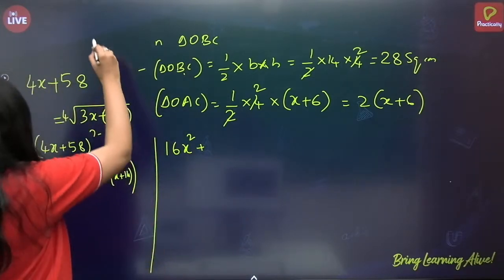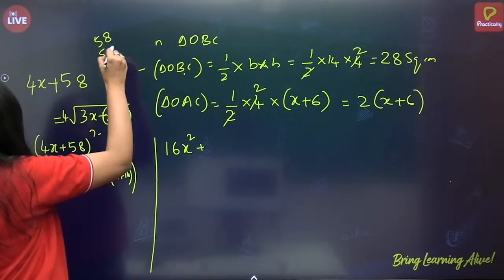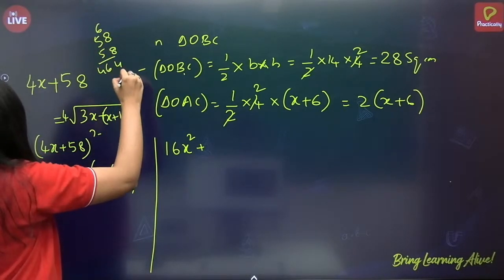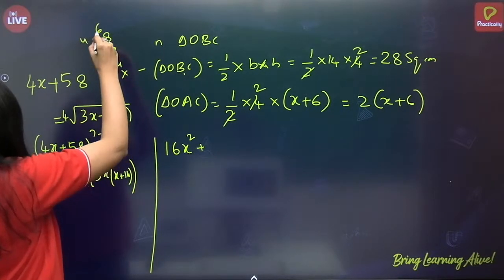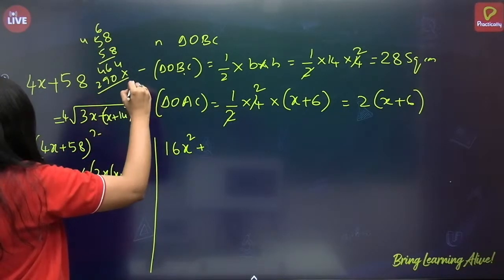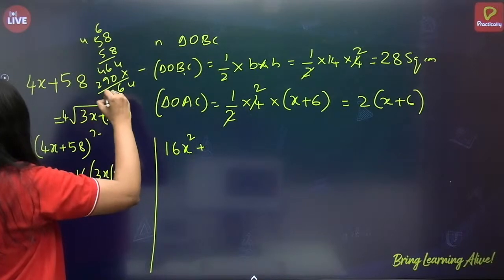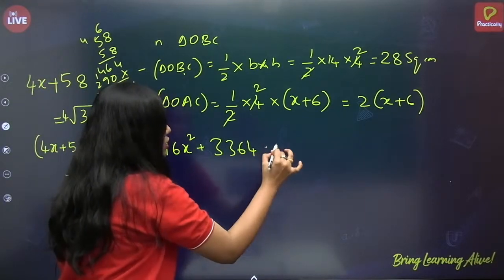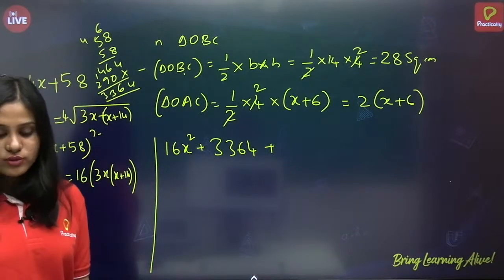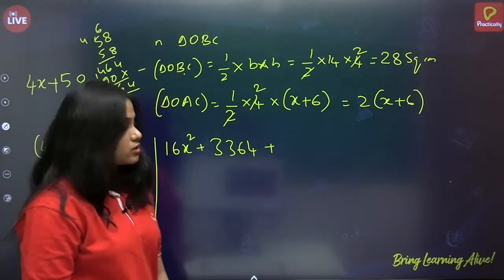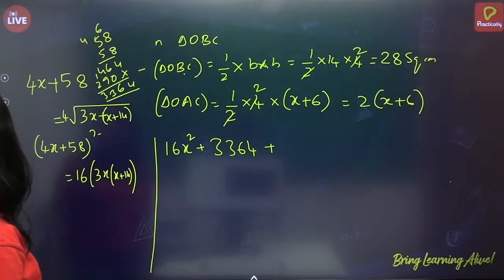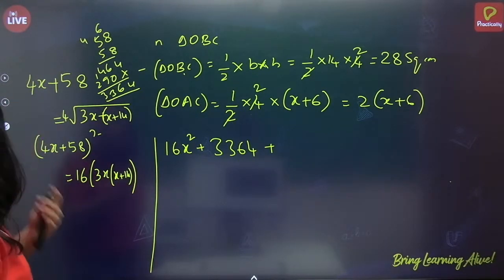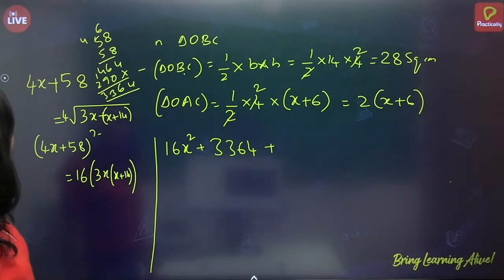Okay, so let us do 58 into 58. Are you sure it is 4x plus 56?